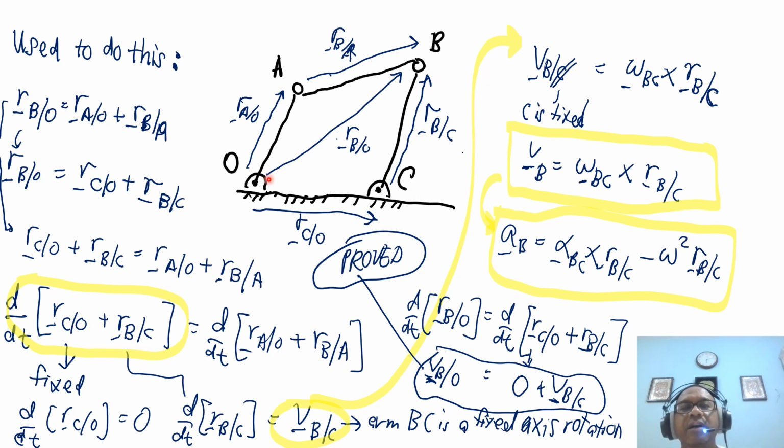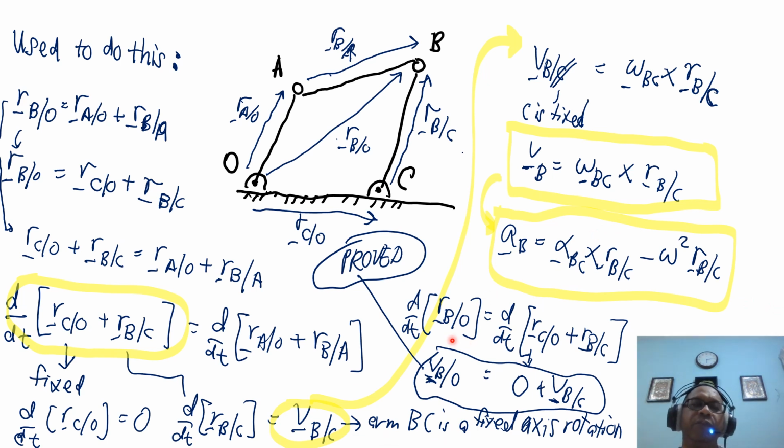So rather than writing position vector B relative to O directly, I write position vector B relative to O equals position vector C relative to O plus position B relative to C. When I differentiate, C relative to O is fixed because C is fixed, and when you differentiate something constant, you get 0. Then you differentiate the position vector B relative to C, which is rotating around the fixed axis C. So its velocity B relative to C is omega BC cross position vector BC. This is not a big problem.